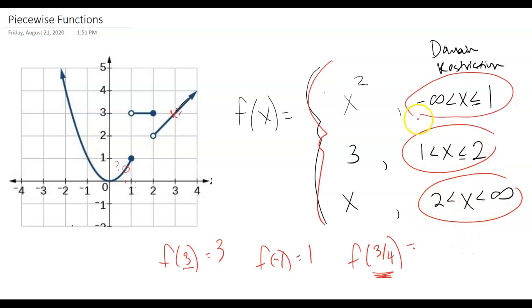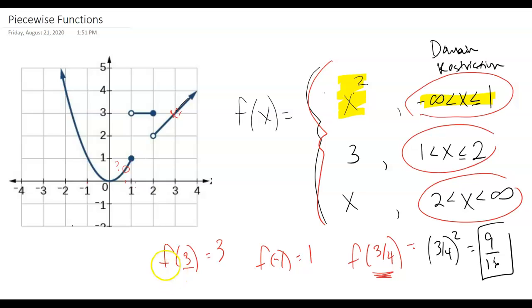Well, hopefully we all agree that it's between negative infinity and 1. And so what that means is this is the equation that you're going to plug 3/4 into. So it's like you're going to take 3/4 and then square it, because that's what that equation is. So that would be 9/16. So that's definitely a fraction we would not have figured out by eyeballing the graph. So that is the power of having these equations.